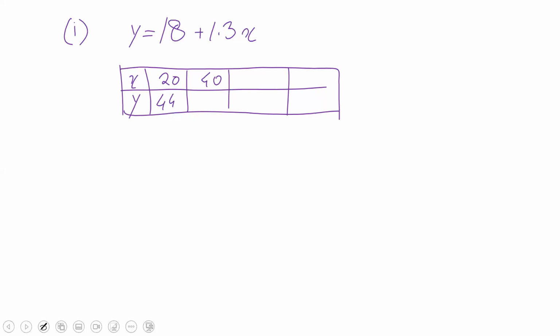Can you tell me what you are getting by putting 40 in the equation?